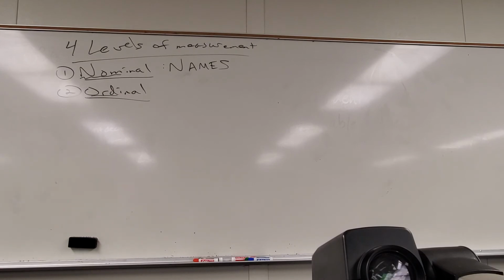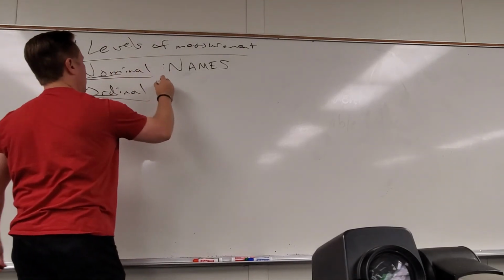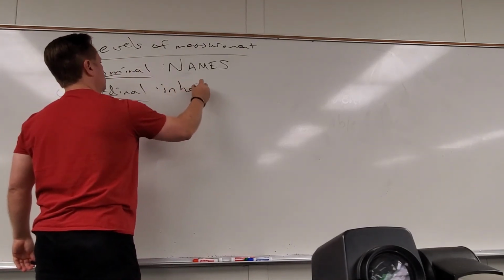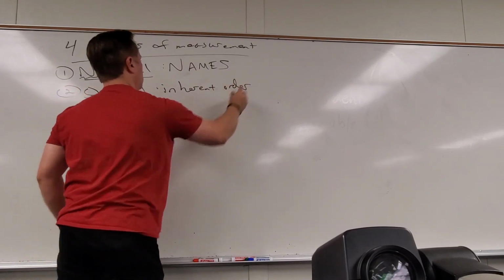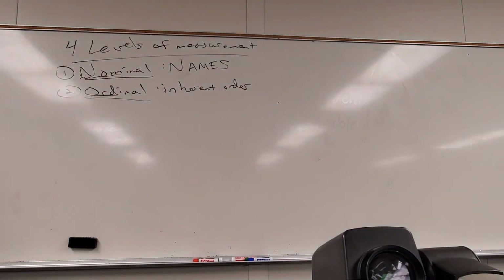Those are all names of how you feel, but they're more than just nominal because there's an order they want to be in. So for ordinal, it adds in an inherent order. You guys know what the word inherent means? It's inside, it's a part of what it is. So there's no inherent order to car names.